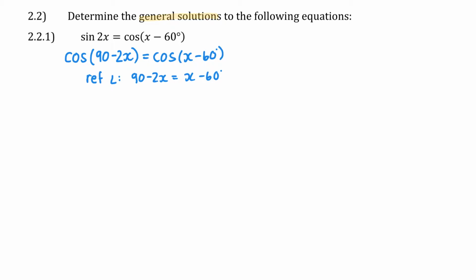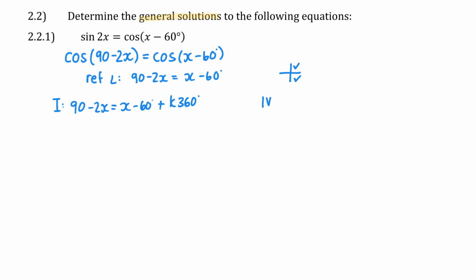Now, since both ratios are positive for cos, I'm going to use the first quadrant or the fourth quadrant. So in the first quadrant, that's fairly straightforward. 90 minus 2x is equal to x minus 60, and my period for cos is 360 degrees.